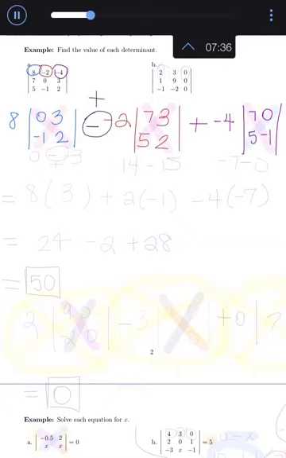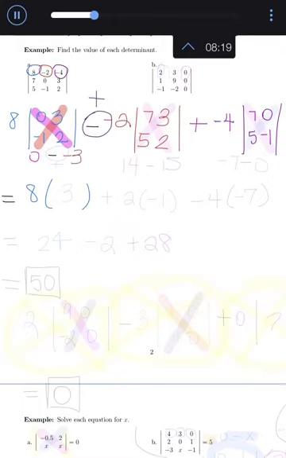So let's see what happens here. On our first group, we have the 8 in front of the matrix. We just have to multiply by the determinant. Let's work out the determinant for our first 2 by 2. We start with 0 times 2, which is 0, minus the other cross product, which is 3 times -1, which is -3.